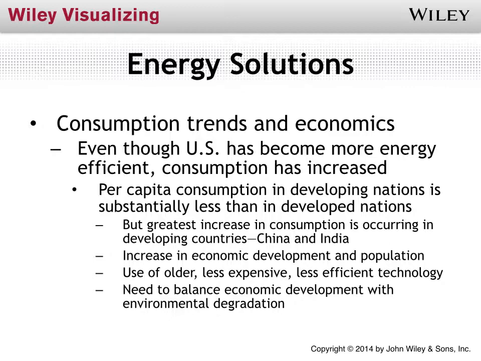Even though our per capita consumption is greater in the developed countries like the U.S. than the developing countries, like we talked about in the previous chapter, those developing countries, even though their per capita consumption is less now, the more that they become industrialized, the more that their rate of consumption is going to grow.